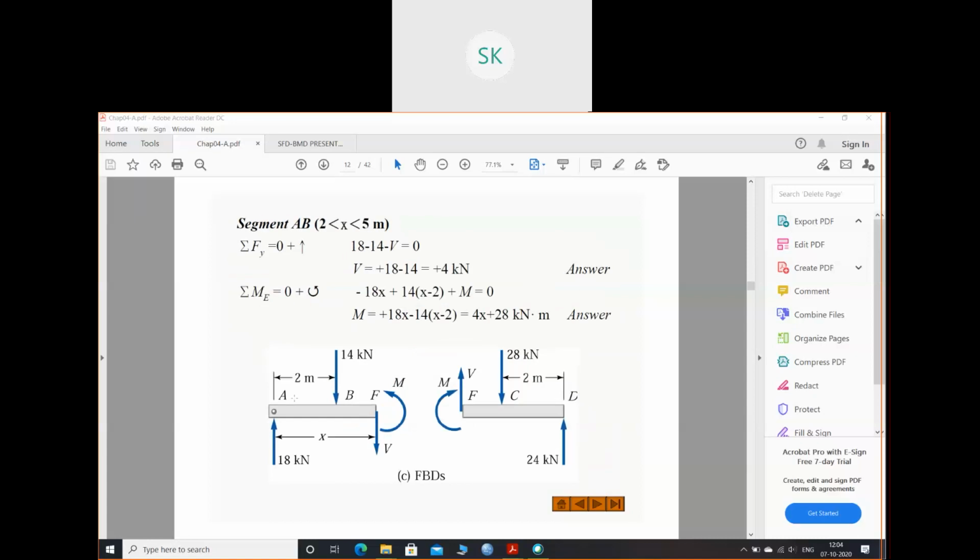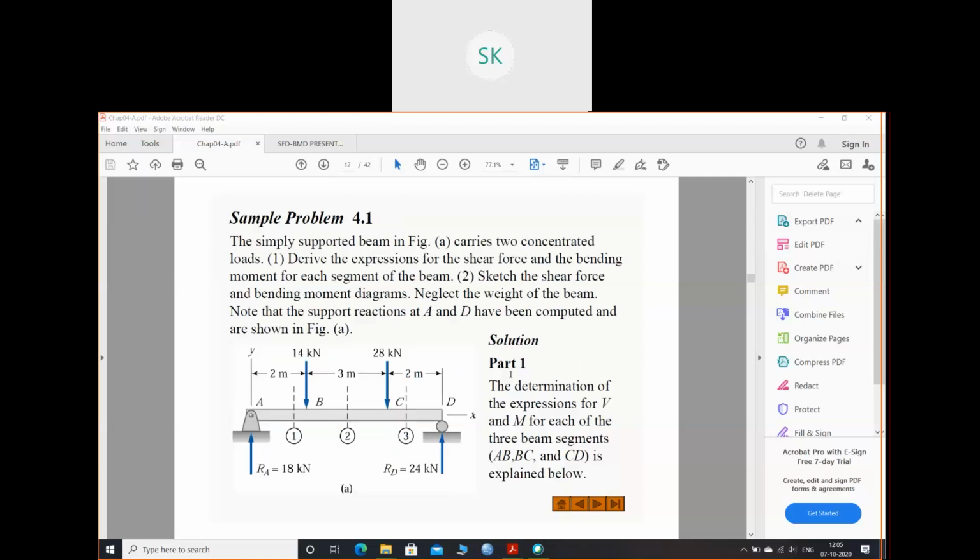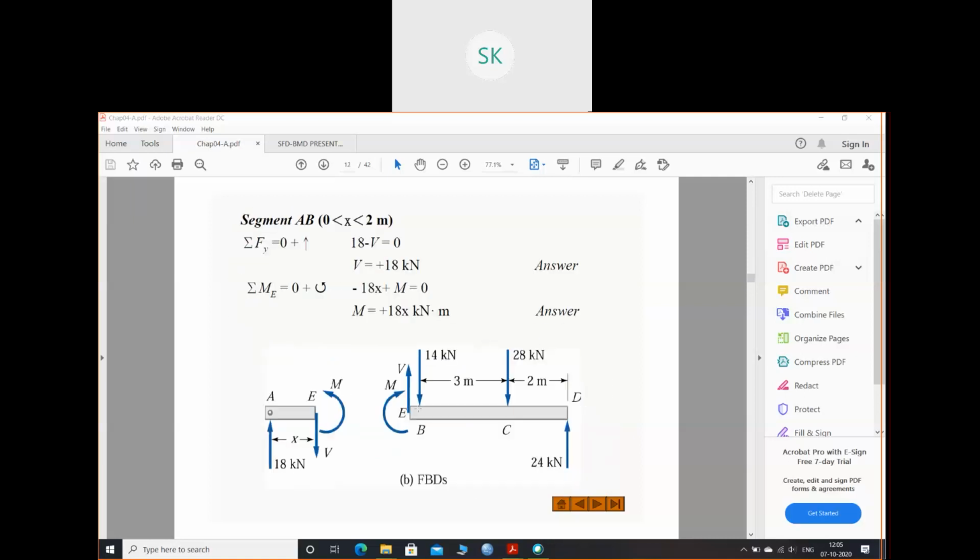So this is the free body diagram. RA is acting. We have a point load. So to balance these loads, we have shear force and moment. About this we discussed. When you cut a section, there will always be a shear force and moment. They are showing the right hand side.